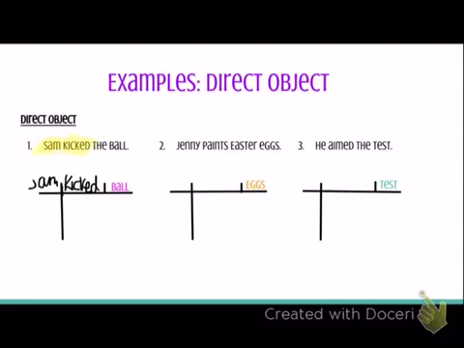What was kicked? That's the central question for finding the direct object. What was kicked? The ball. So ball is the direct object, and then we create a line beneath the direct object line, because it's an article describing ball.